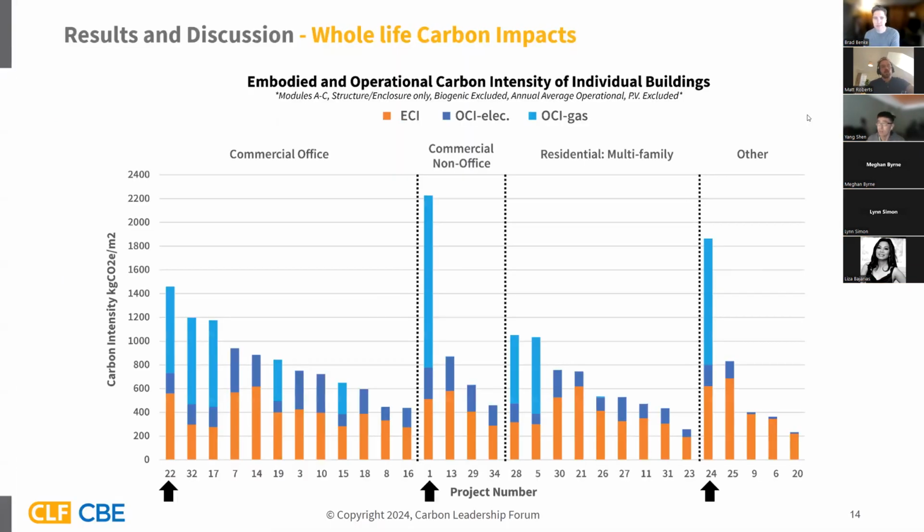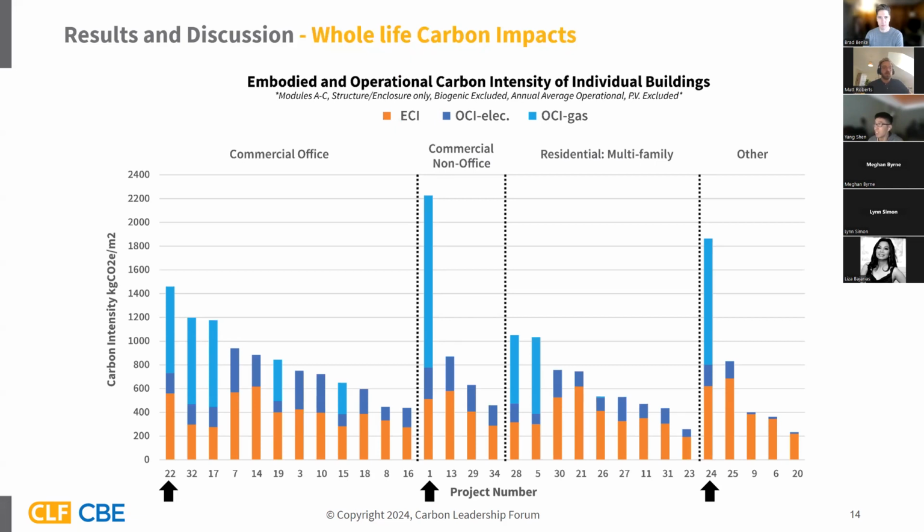Thank you, Matt. So in this section, I will focus more on the results and discussions through all our graphics. Ahead of this, I want to note that for almost all our graphics, orange represents embodied carbon emissions, and blue represents the operational carbon emissions.